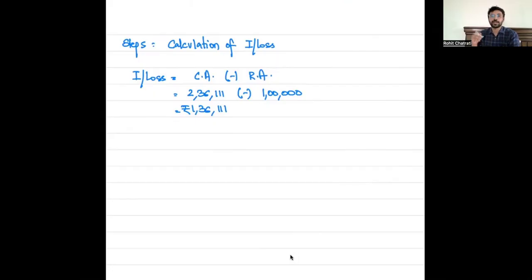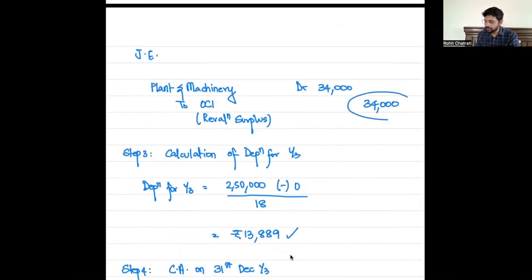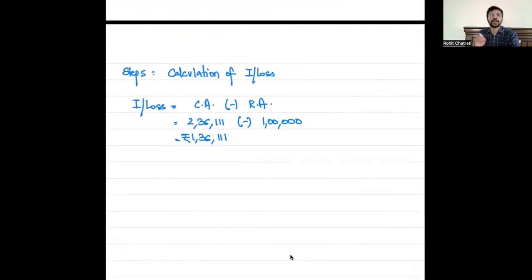The total impairment loss that we have recognized is 1,36,111. But this impairment loss is being recognized on an asset which was actually revalued in the previous year. As at 1st January year 3, we revalued the asset and recognized a revaluation gain of 34,000. And the same asset 1 year later on 1st January year 4 is being impaired by 1,36,000.